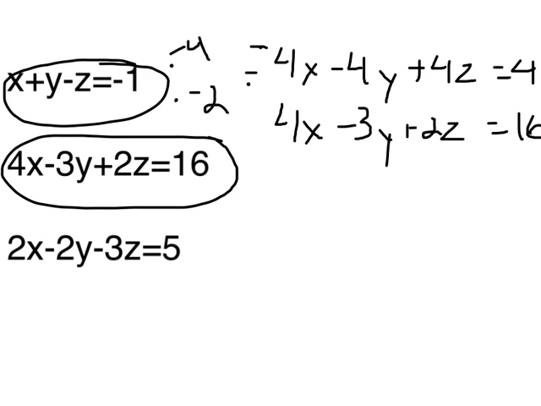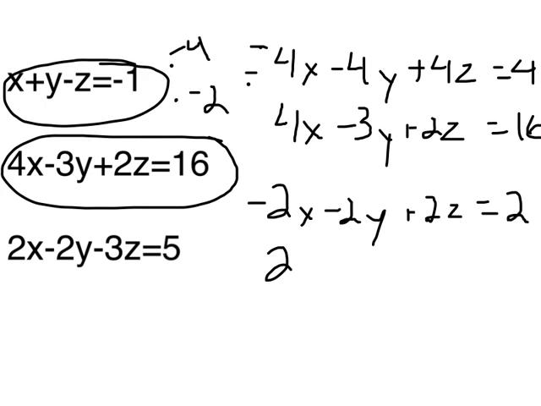And when we do this, we will get -2x minus 2y plus 2z equals 2. And the bottom equation will remain the same like the last one we just did. So it'll be 2x minus 2y minus 3z equals 5. Now what we're going to do is we're going to add down.